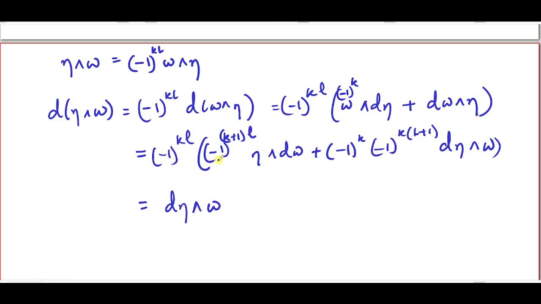What about this? Here you have kl plus l. So you do end up with minus 1 to the l eta wedge d omega. So our consistency check works out perfectly fine. As I have already stressed, this was really not necessary, but it's nice to see that all the formulae that we are dealing with actually gel together rather nicely, and all the factors really fall into place.